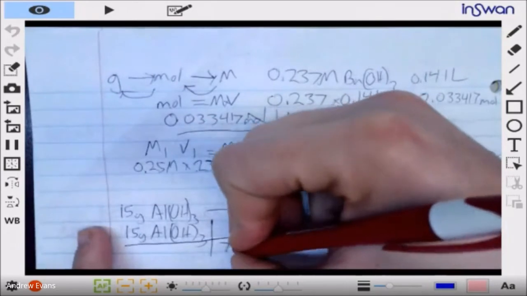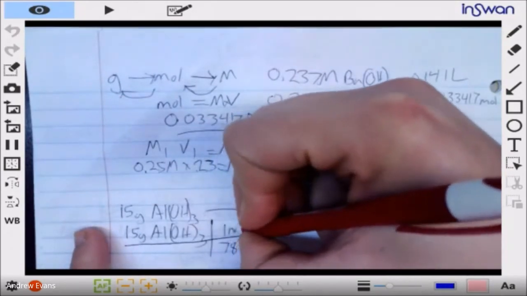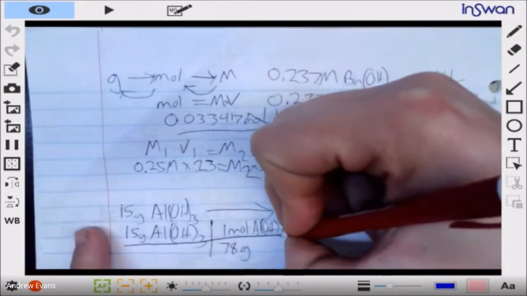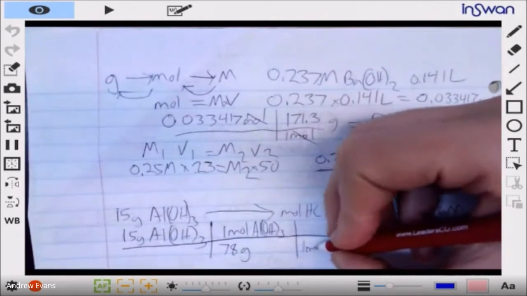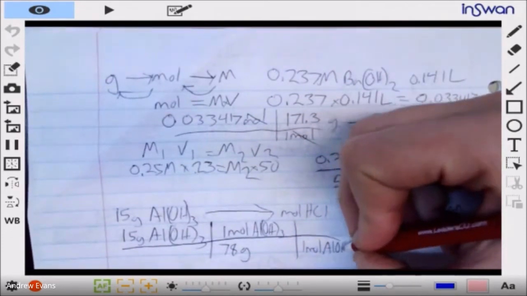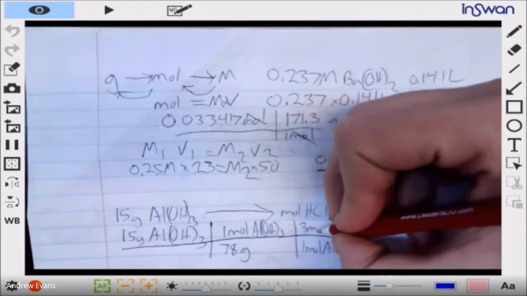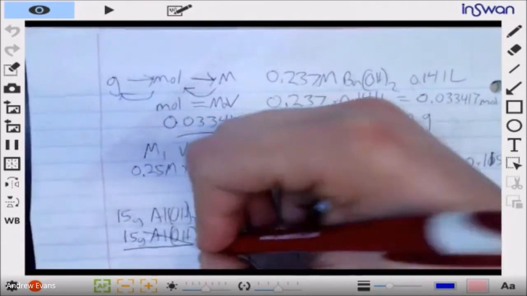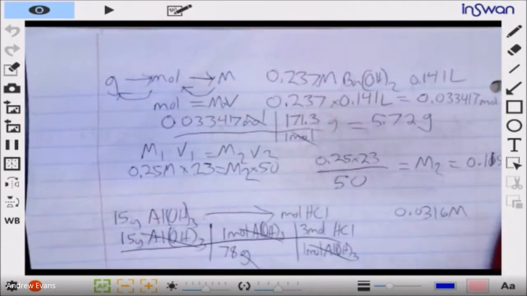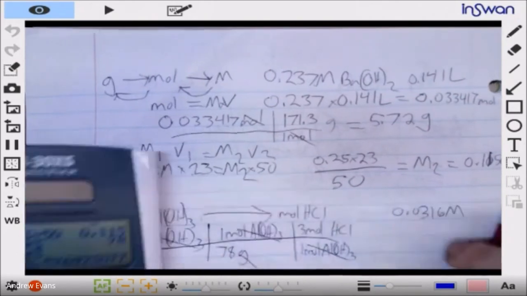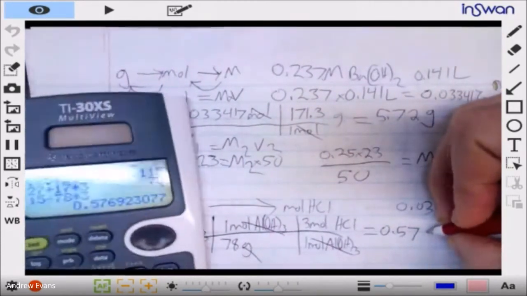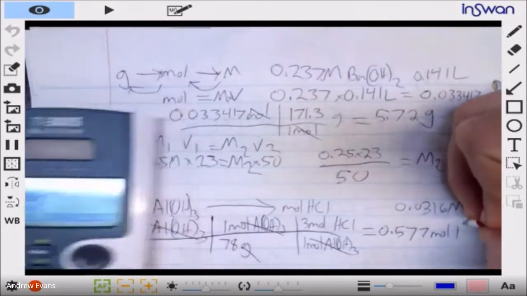So there are 78 grams per 1 mole of aluminum hydroxide. And for every 1 mole of aluminum hydroxide, it reacted with 3 moles of HCl. So how many moles of HCl could we react with? This would react with 0.577 moles of HCl.